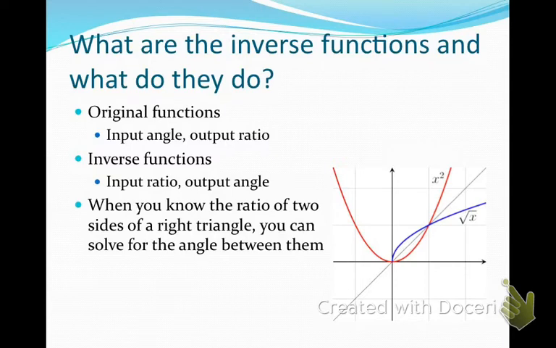So, as just a reminder of what this looked like in previous classes, if we take x squared, the parabola, its inverse is the square root of x, and they had graphs that are reflections over this line y equals x.